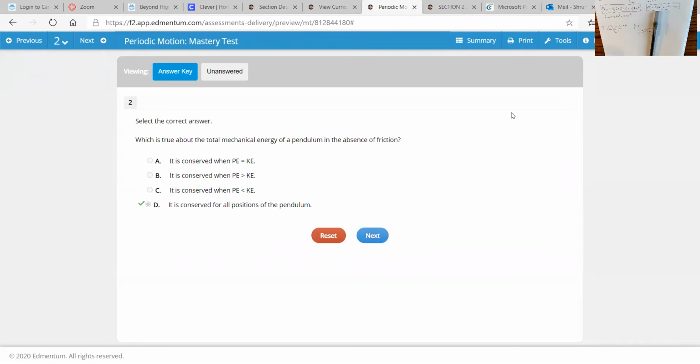When it's at the height of the swing, it has all potential energy. And then at the most bottom point of the swing, it has the most kinetic energy. And that is all the same. The potential energy plus kinetic energy remains conserved at all positions of the pendulum.